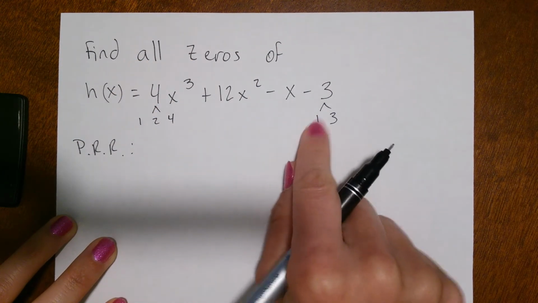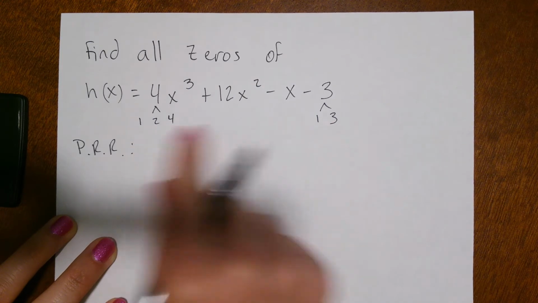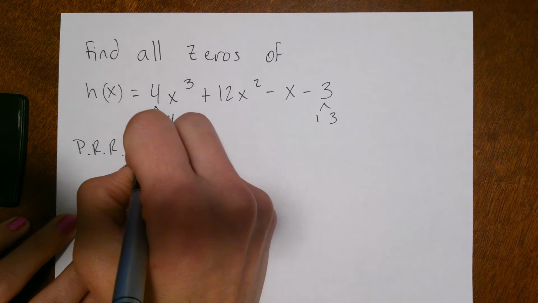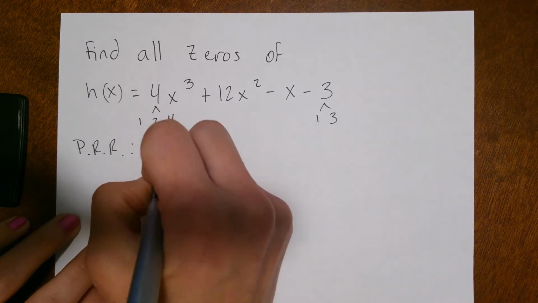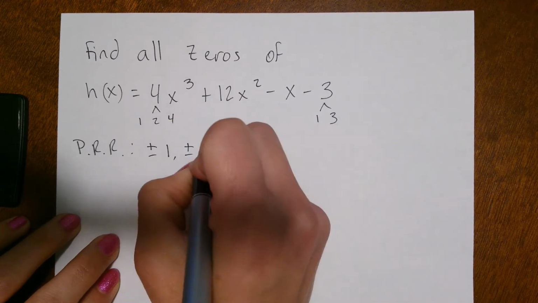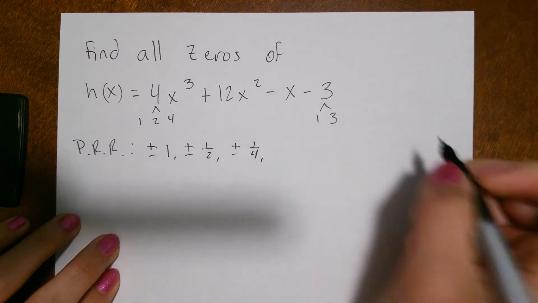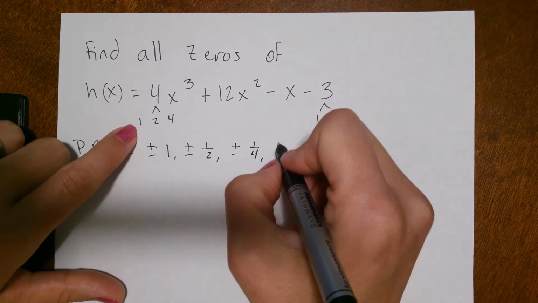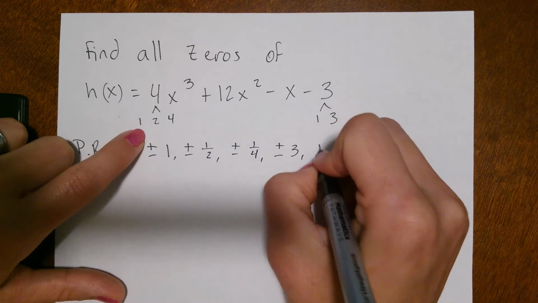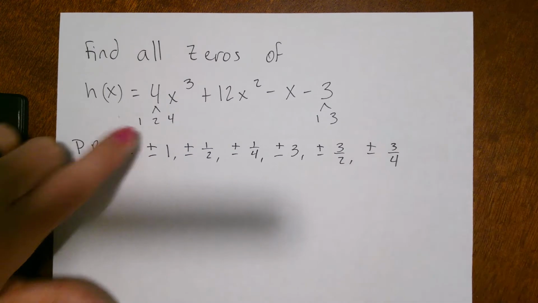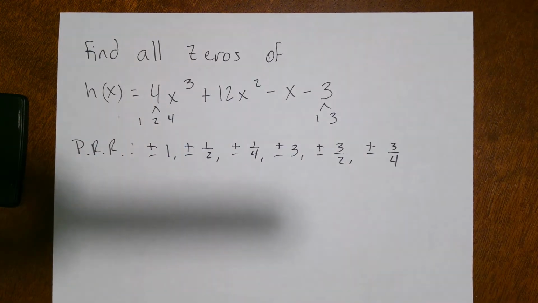So I'm going to have 1 over 1, 2, and 4, and 3 over 1, 2, and 4, all of them positive or negative. So I'll have plus or minus 1 over 1 is 1, plus or minus 1 over 2 is a half, plus or minus 1 over 4 is a fourth, plus or minus 3 over 1 is 3, plus or minus 3 over 2, and plus or minus 3 over 4. So these are all my possible rational roots.